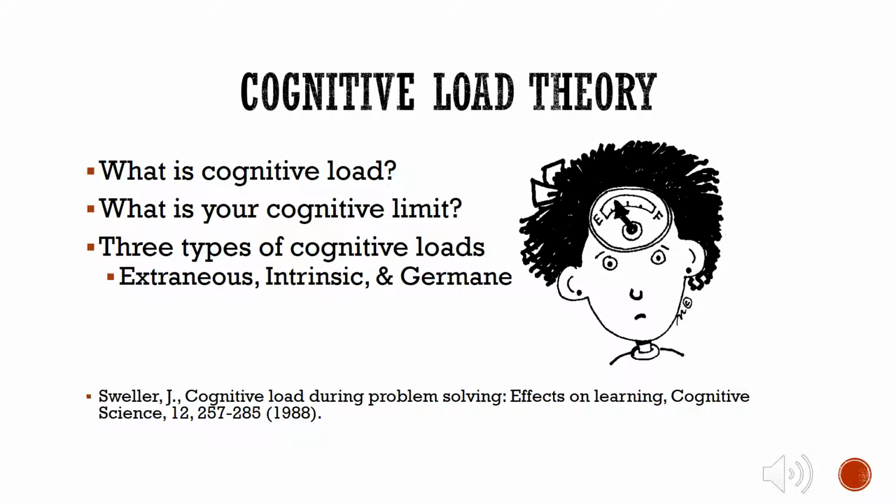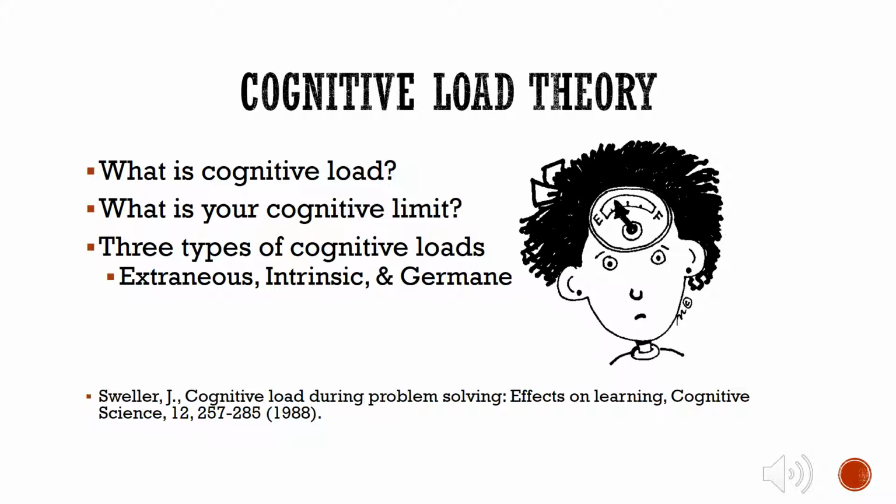Surprisingly, though, our cognitive limit is actually very limited. Therefore, you should really reduce the load as much as possible. Because overall, if your working memory is overloaded, then your learning will suffer. Now, Sweller also discusses that there are three types of cognitive loads. There is the intrinsic load, the extraneous load, and the germane load.